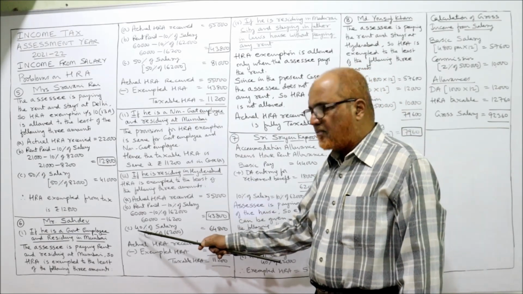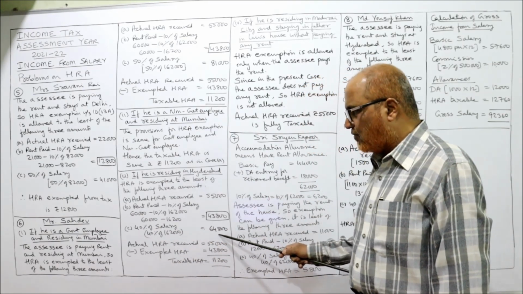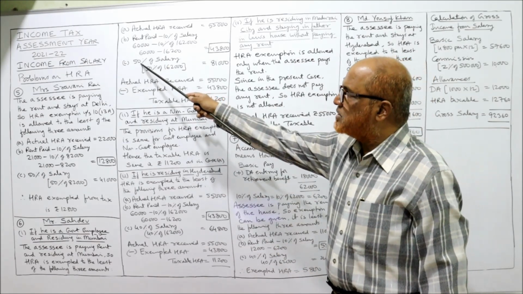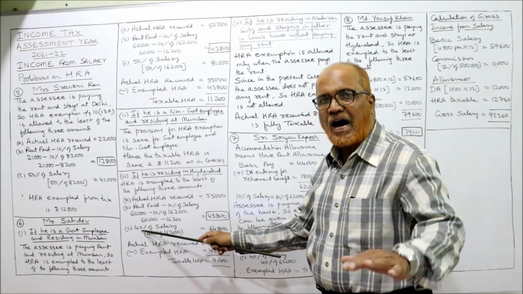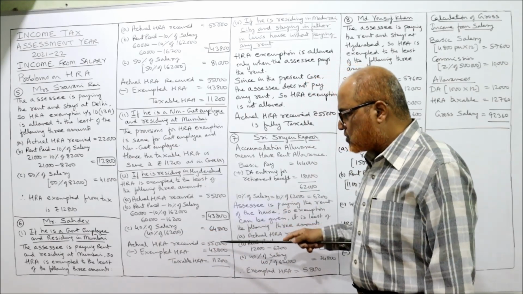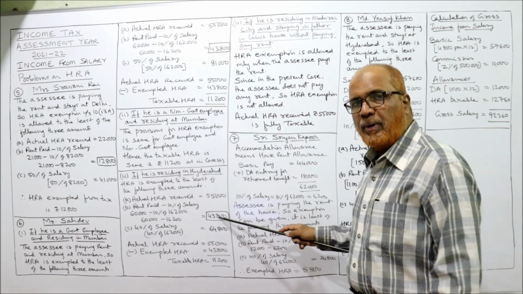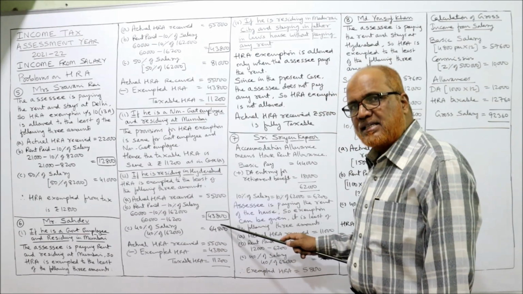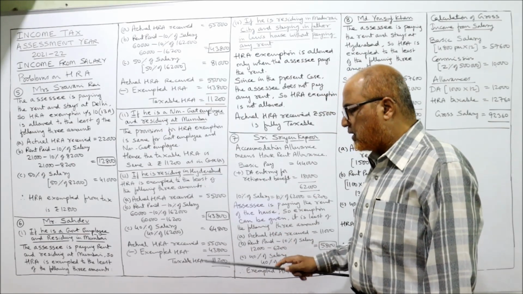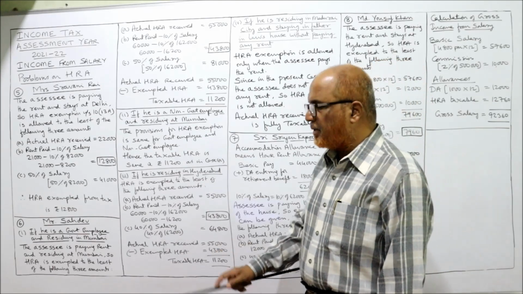Now see, it is 40% of salary: 40% of 1,62,000 is 64,800. Earlier we took 50% because of metro; here 40% because of other town. What is the least here? 43,800. This is the exempted amount, but we require taxable. So actual HRA received 55,000 less exempted HRA 43,800, so taxable HRA is 11,200. Three cases completed.